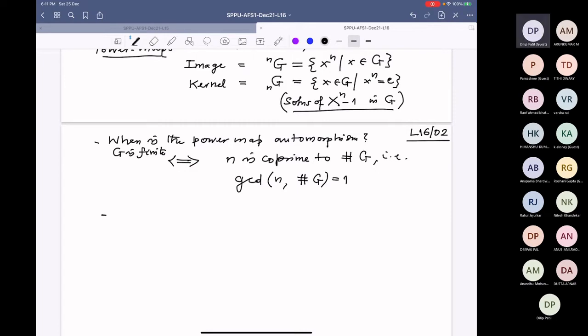All right. So how many such power maps are there? So G finite again, then only you can ask such a question. G finite. Then how many power maps are automorphisms?